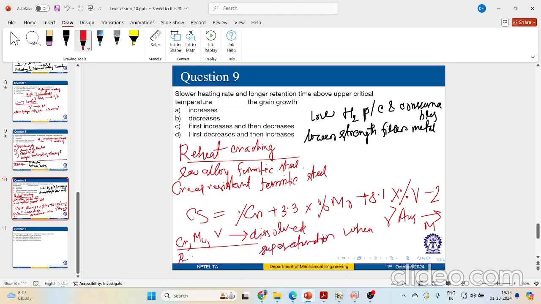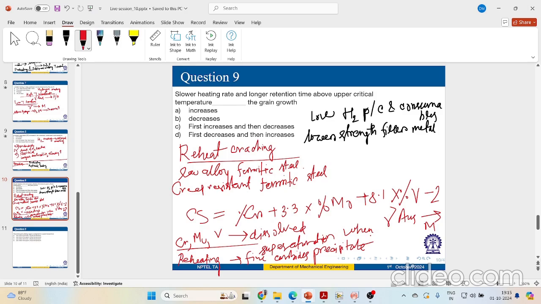So while you are reheating, fine carbides precipitate in the prior austenite grain interiors, and that will strengthen them before stresses are relieved, right?